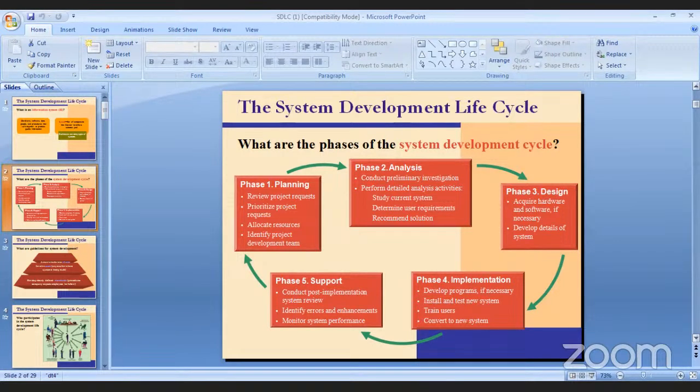What is exactly the problem? Whether the problem is worthy to solve, whether it is beneficial for the organization or industry to solve that. So the first step is the planning. Here you have to plan. You have to review the project requests. You have to do the feasibility study.